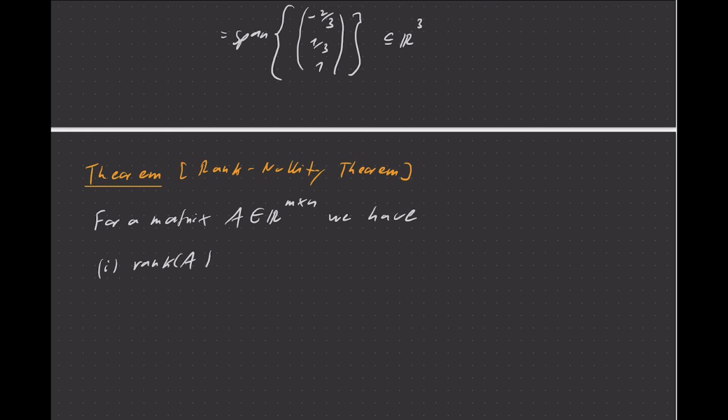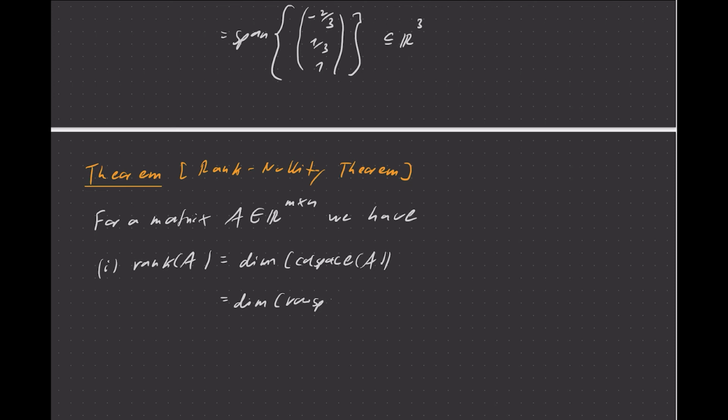The rank of A, the rank is the number of pivot elements. You remember that? That is the same as the dimension of the column space of A, because that number of pivots basically gives you the number of linearly independent columns in A. And of course, that is also the same as the dimension of the row space.